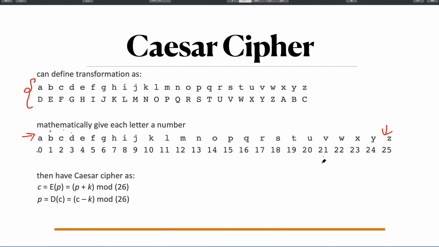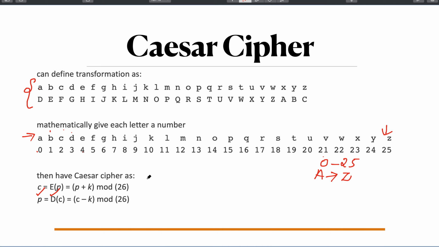Now based on that you will come across a mathematical equation which gives C, the ciphertext, when encryption is applied to the plain text. E stands for encryption, P is the plain text. So for each plain text letter, how can you get a ciphertext? You do P plus K mod 26.